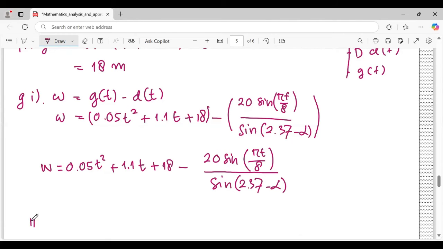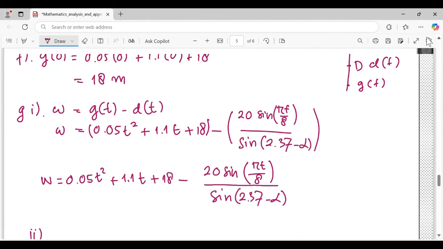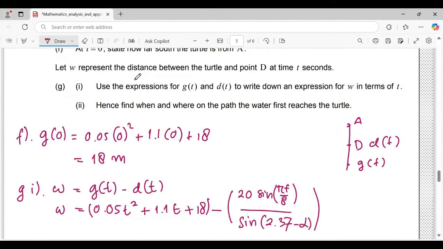Next, part 2. Hence, find when and where on the path the water first reaches the turtle.